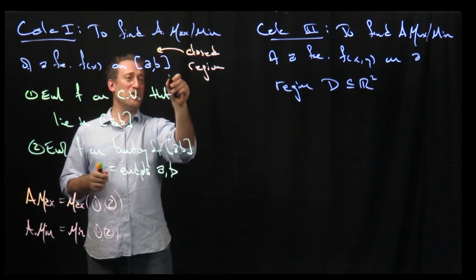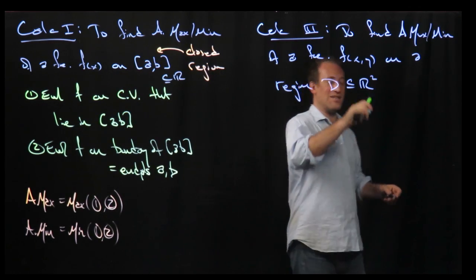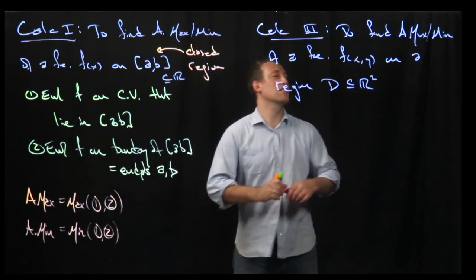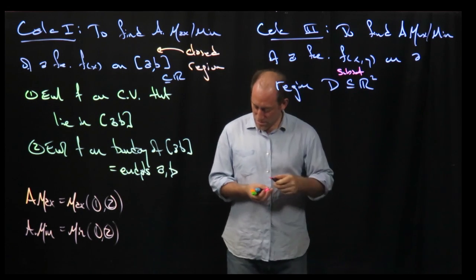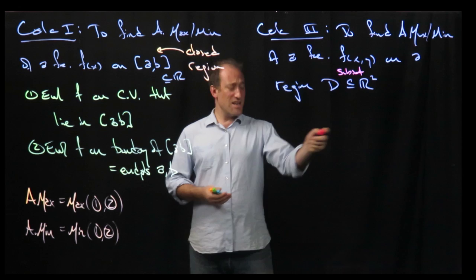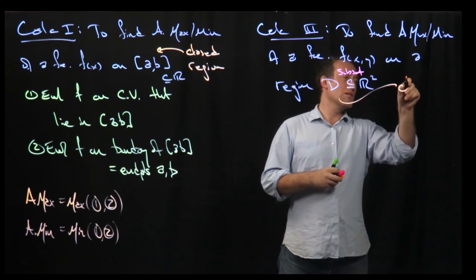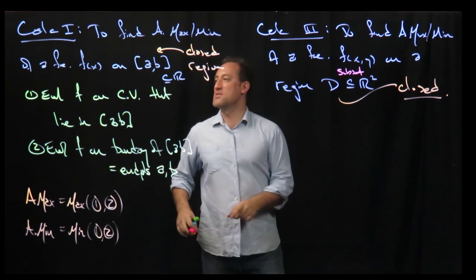So AB was a subset of R, here D, this means subset of R2. And again, here I'll assume, just to make life easy, that the subset is closed.